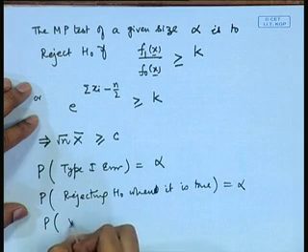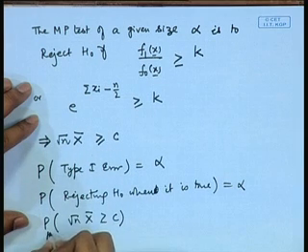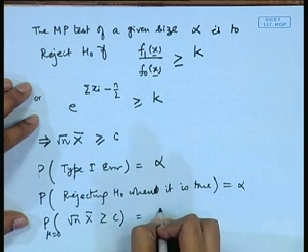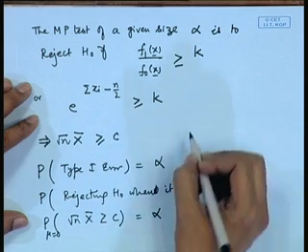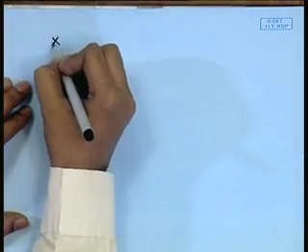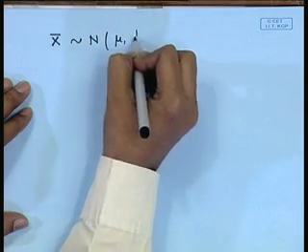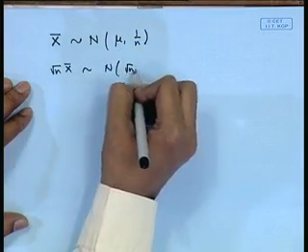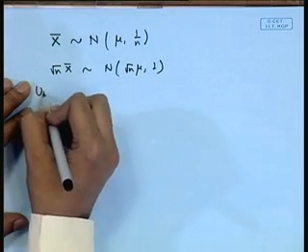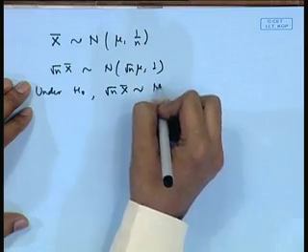So, the probability of root n x bar greater than or equal to c when mu is equal to 0 is equal to alpha. Now, you see the distribution of x bar. Since x1, x2, ..., xn is a random sample from a normal distribution, x bar follows normal(mu, 1 by n). So, root n x bar follows normal(root n mu, 1). So, under H0, root n x bar follows normal(0, 1).